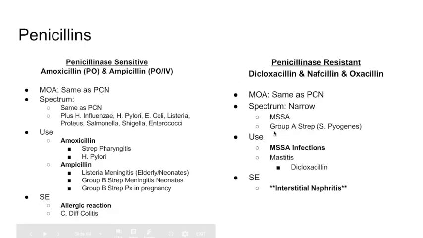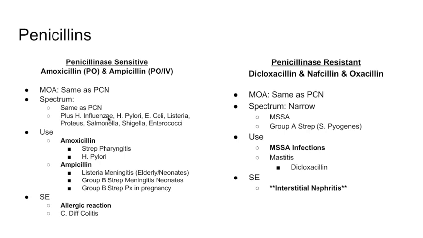Second generation of the penicillins, these are the penicillinase sensitive, say amoxicillin and ampicillin. Amoxicillin is oral, ampicillin is oral and IV. Same mechanism of action, same spectrum as the original penicillin, plus you start getting a little bit more gram-negative coverage.